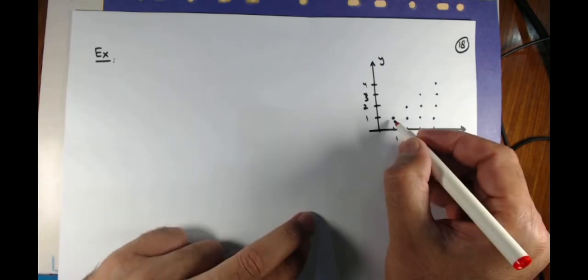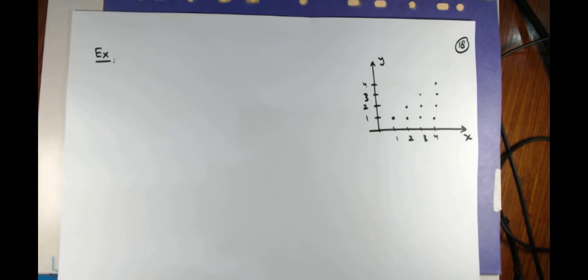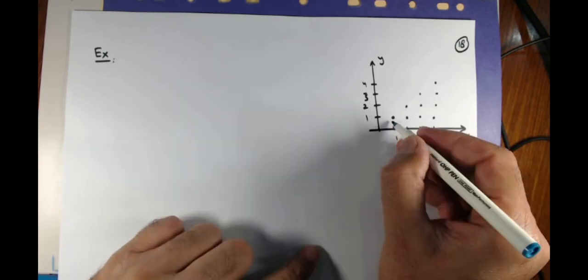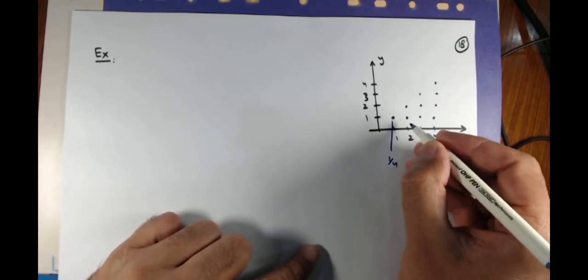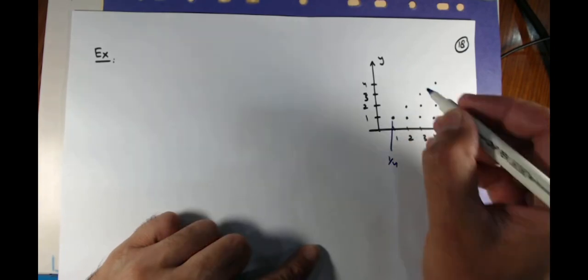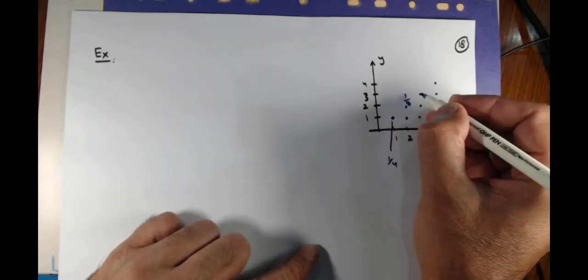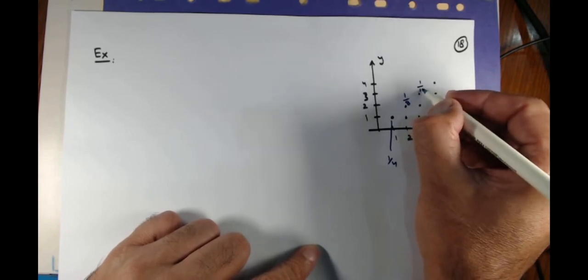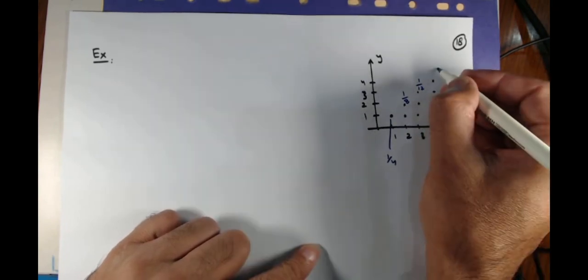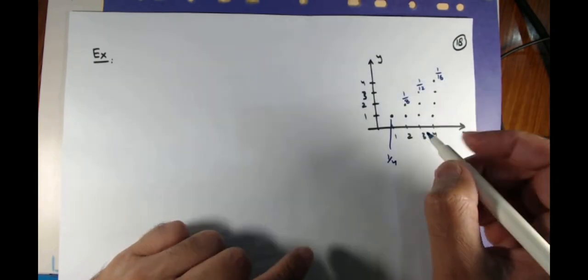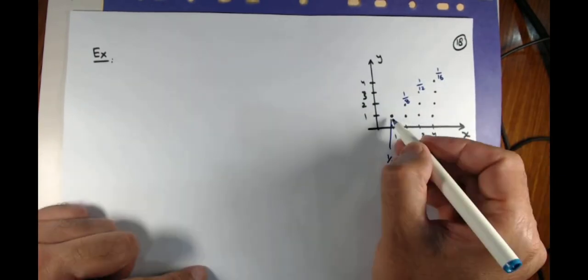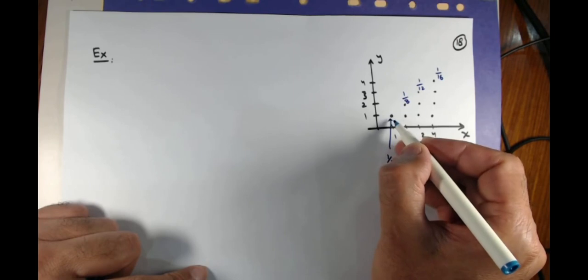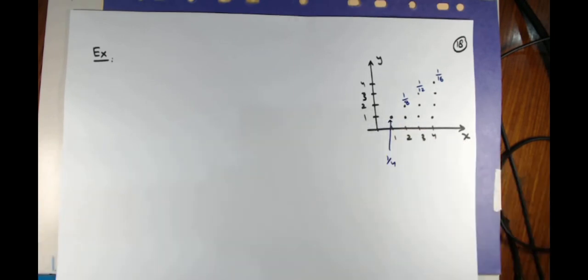So this is probability 1 by 4. For these 2 points, the probability is 1 by 8. For these 3 points, the probability is 1 by 12, and for these 4 points, the probability is 1 by 16. I am not writing the probabilities of all these points because I want to keep it a clear picture.